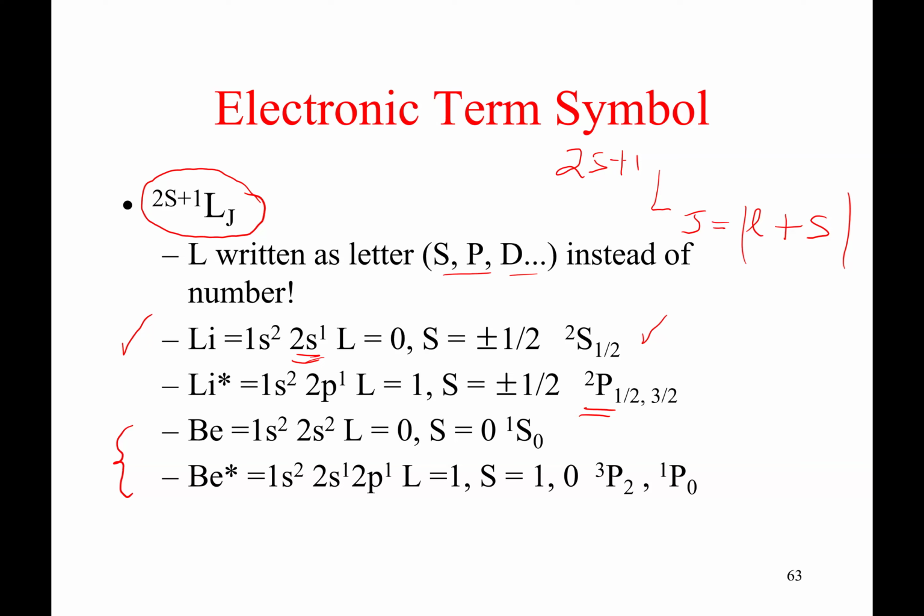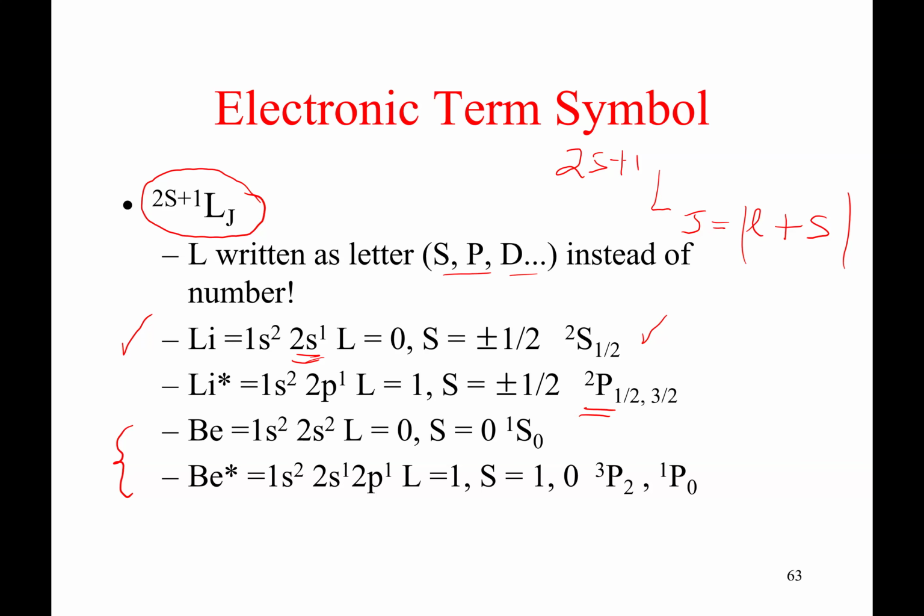So this is 1s2, 2s2, L equals 0 because it's in the s orbital, and therefore S equals 0. So the L term is S.